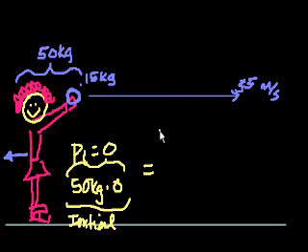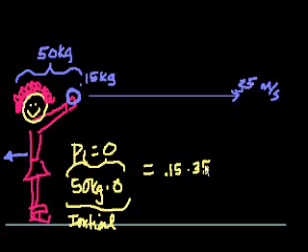So what's momentum later? Well, we have a ball moving at 35 meters per second, and the ball has a mass of 0.15 kilograms. I'll ignore the units for now just to save space. Times the velocity of the ball, 35 meters per second.